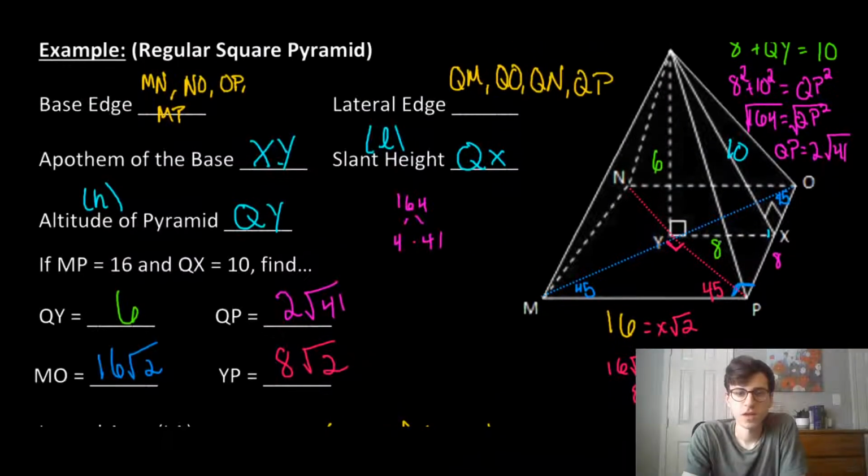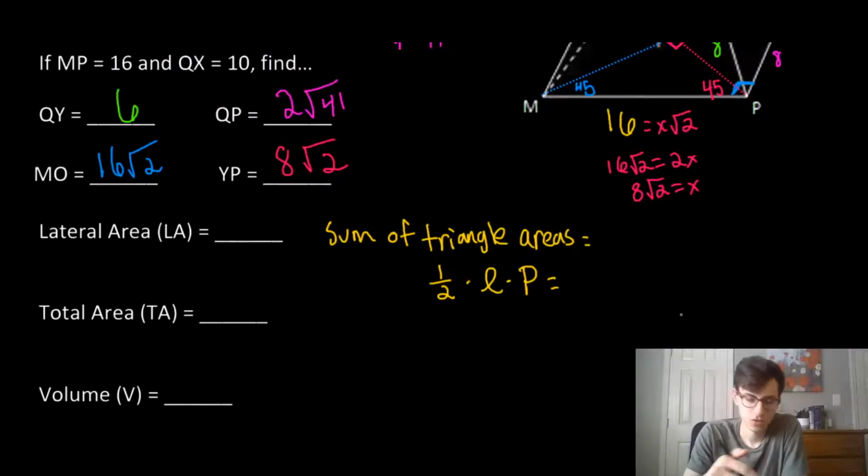We found the slant height. Slant height was actually given to us as 10. And the perimeter of our square is 4 sides of 16. So let's just write that out. 1/2 times the slant height, 10, times my perimeter, 4 times 16.